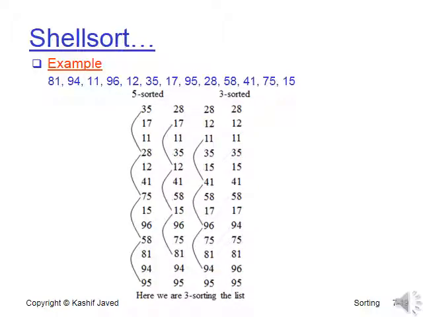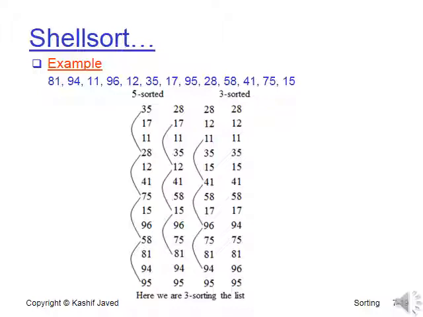For the third increment or gap, we will look at numbers 35, 28, 75, 58, and 95 and sort in order or swap the values such that we have the numbers as 28, 35, 58, 75, and 95 in the array slots.